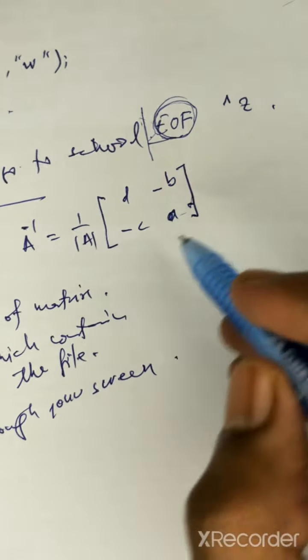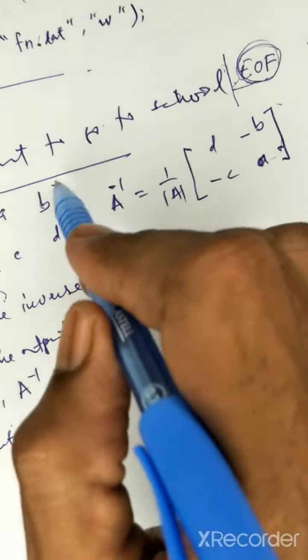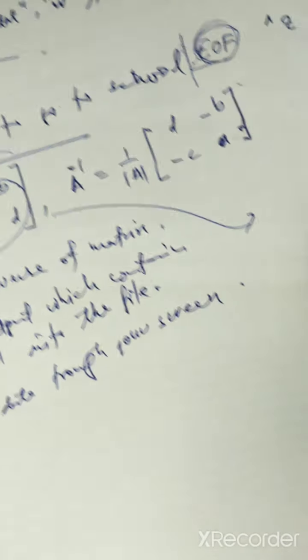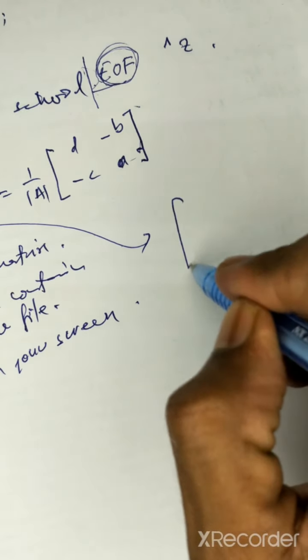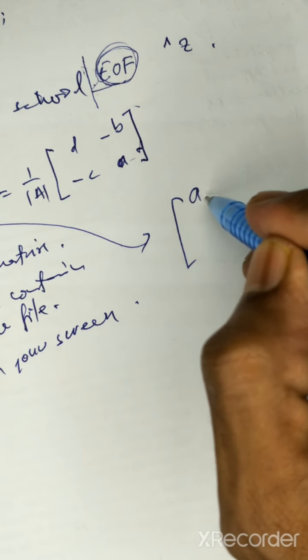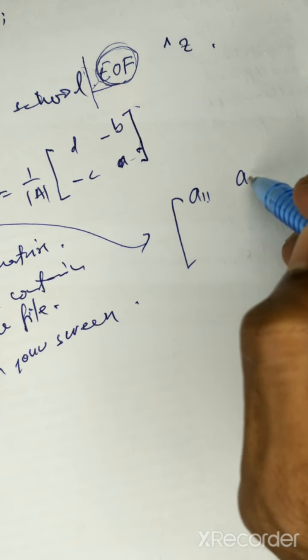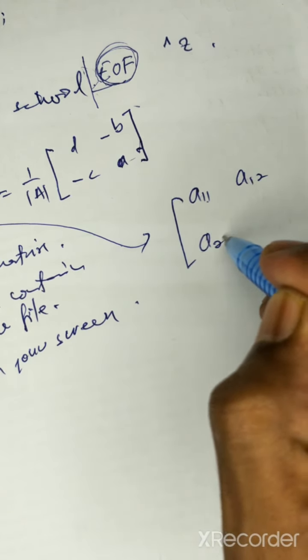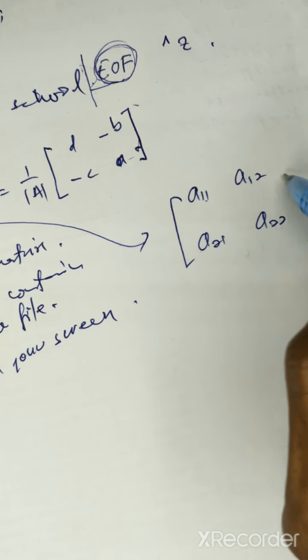If you consider this matrix as A11, A12, A21, A22.